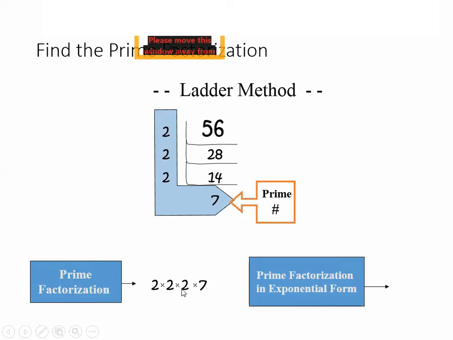We have 2 three times, so we can write 2 exponent 3 multiplied by 7. 2 exponent 3 means 2 multiplied by itself how many times? 3 times. And then it is multiplied by 7. If we expand this exponent form, it becomes 2 multiplied by 2, 2 2s are 4, 4 2s are 8, and 8 multiplied by 7 becomes 56. The product is the same.